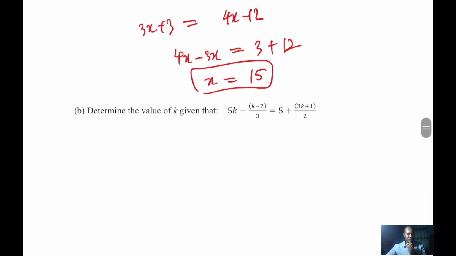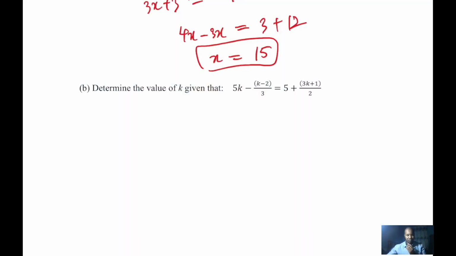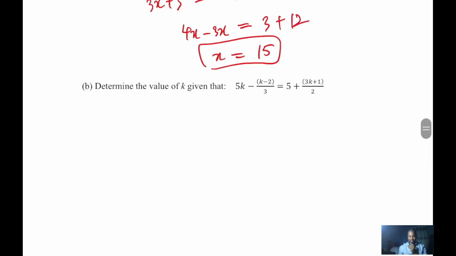And coming to the next question, this is question number 5b in this paper. So we have an algebraic equation and we have to solve it. With this, the easiest way is to put in the common denominator first.